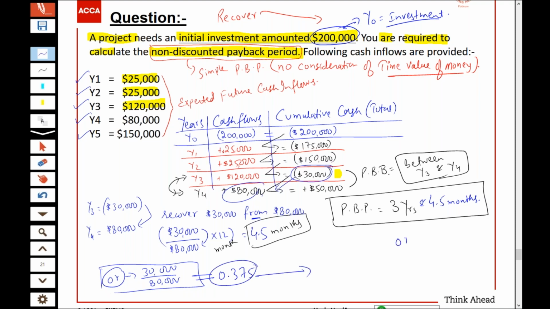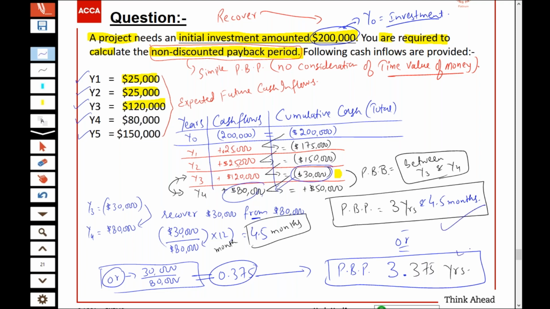So your payback period will also be termed as 3.375 years. Now see the option, it will be either that way or this way. This is simply the trick in order to calculate the payback period. Payback period is the expected time period in which your initial amount will be recovered according to your estimations.